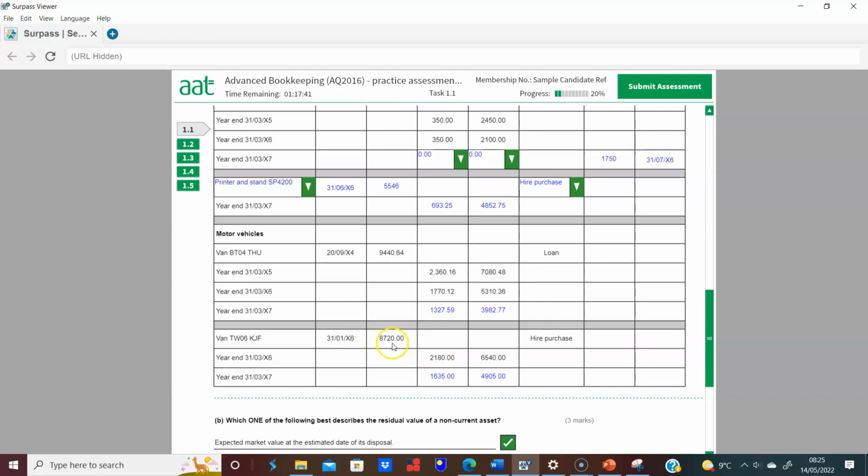You have, here's the carrying amount at the end of the first year, and that's the cost. So you have the 8720 minus the 6540. Oh, sorry, that's the 8720 minus the 2180, giving you a carrying amount of that. Take the 25% of this figure, right?